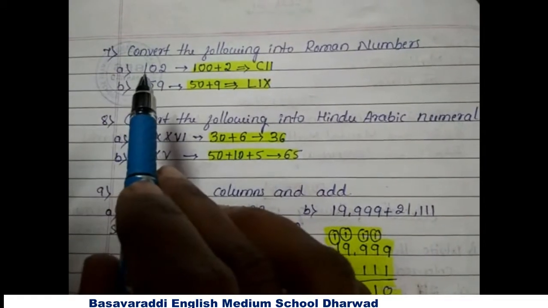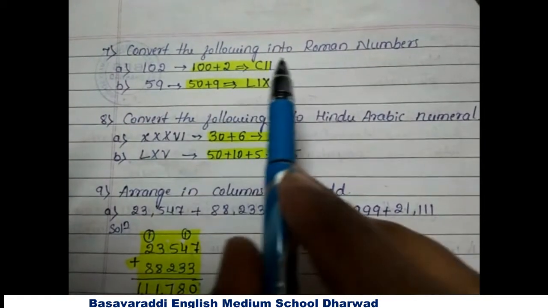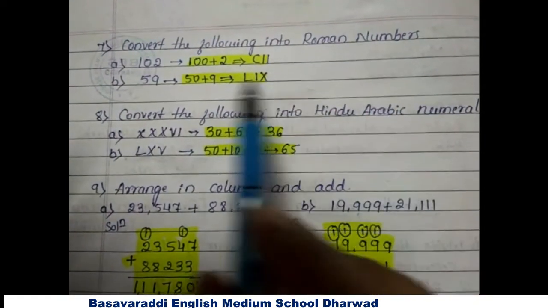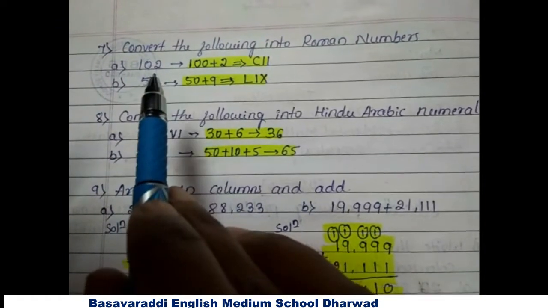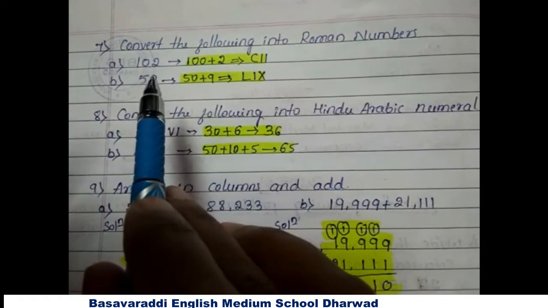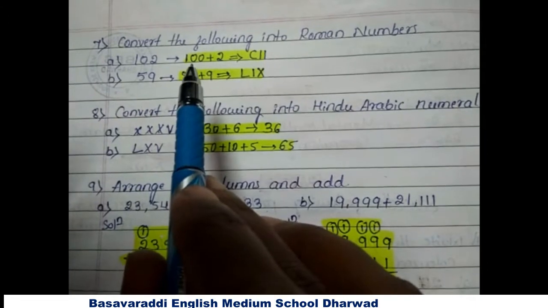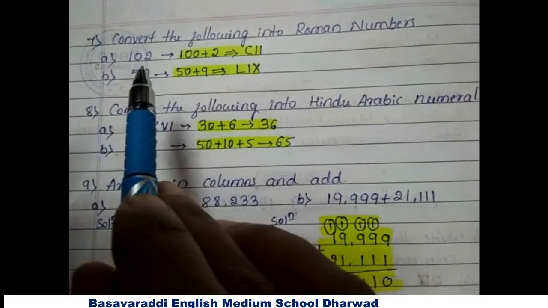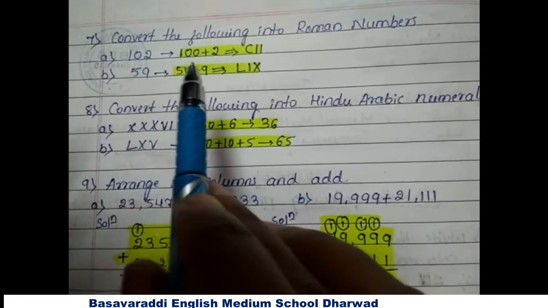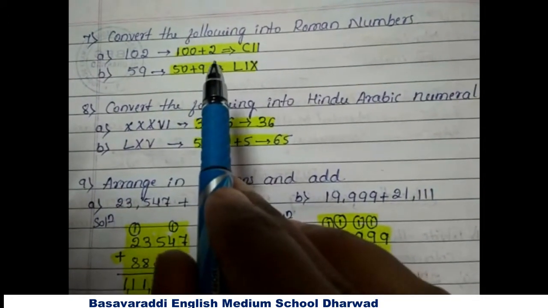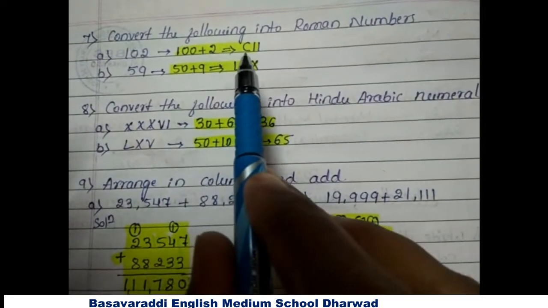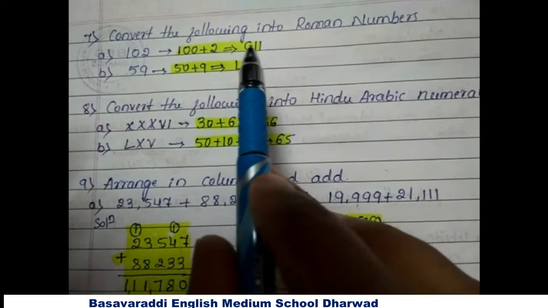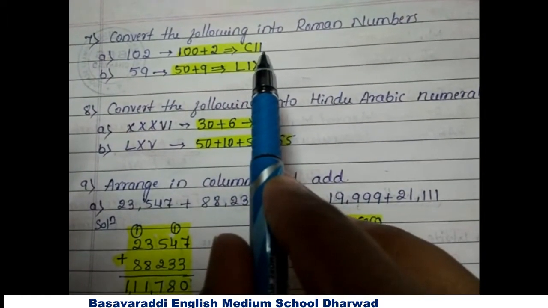The seventh question: convert the following into Roman numbers. A, 102. This is an Indian system number, so we have to convert it into Roman numbers. First, we split the number: 100 plus 2. The symbol of 100 is C and the symbol of 2 is II.